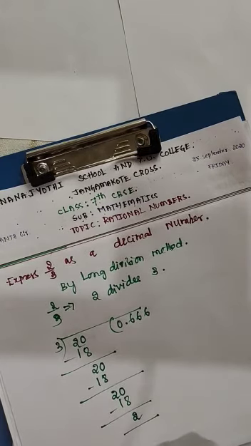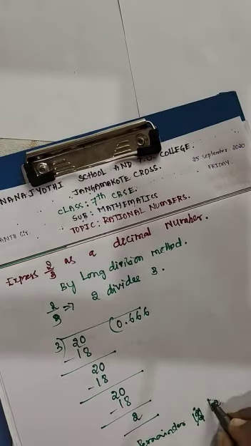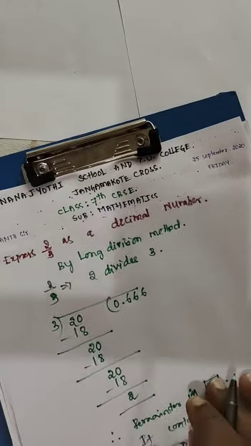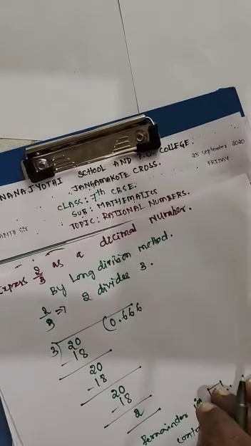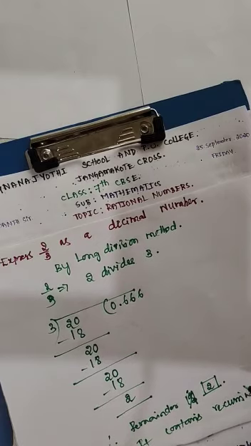Hence the remainder of the given decimal expansion is 2. Hence it contains a recurring decimal expansion.